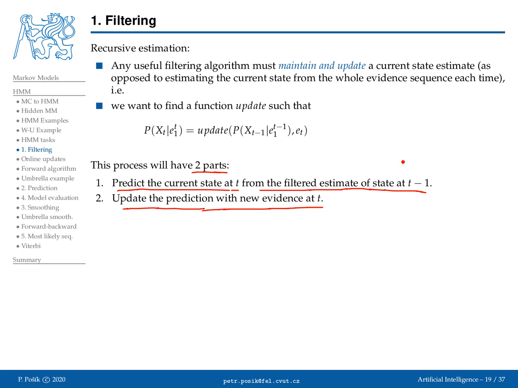So here you will employ the transition model, p(x_t | x_t-1). And here you will employ the emission model, the probability of e_t given x_t.